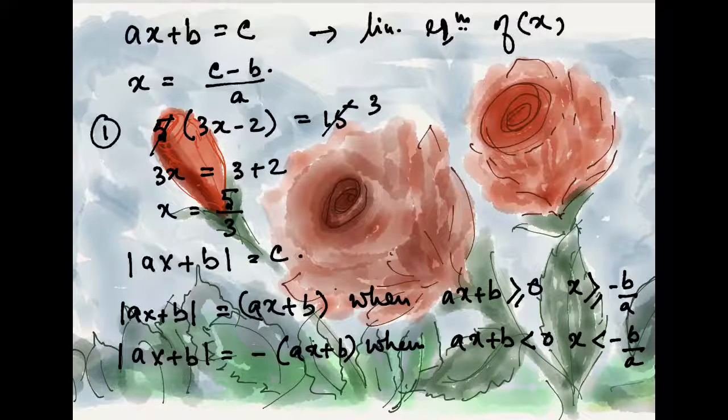Therefore, this can be written as we are having two situations now. ax plus b equals c, and in a similar way we get the first solution as x equals (c minus b) by a when this situation is true, that x is greater than or equal to minus b by a.